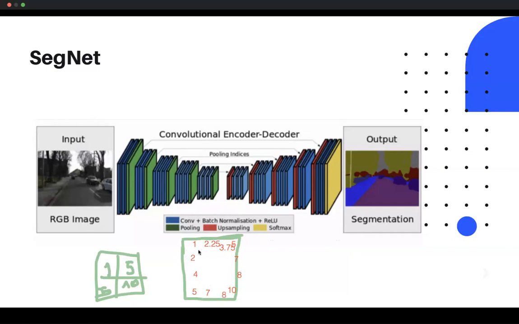And then in the middle, it's going to do the same thing. Between 2 and 7, you have, let's say, 4 and 6. Here between 4 and 8, you will have, let's say, 6 and 7. So this is basically what the upsampling does.